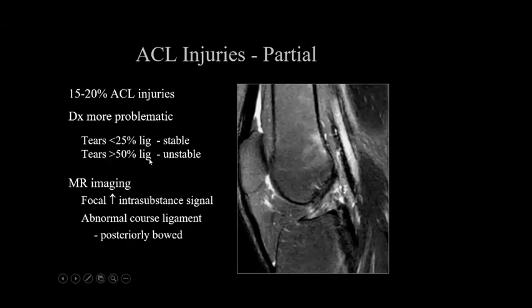I personally, when I see partial tears of the ACL, either call them high grade or low grade. If I see a partial tear of the ACL but the ACL is still parallel to the Blumensaat line, I call it low grade. If I see a partial tear of the ACL and the ACL is sagging, then I call it high grade ACL tear.